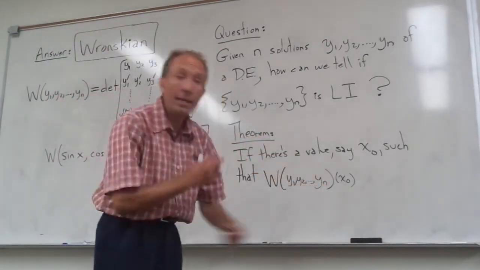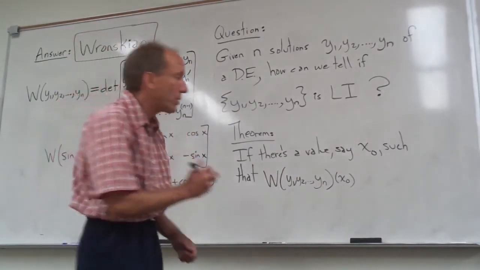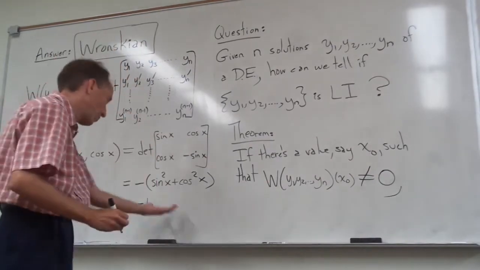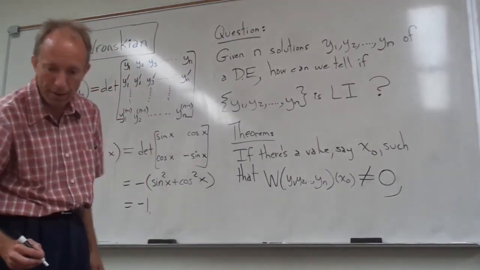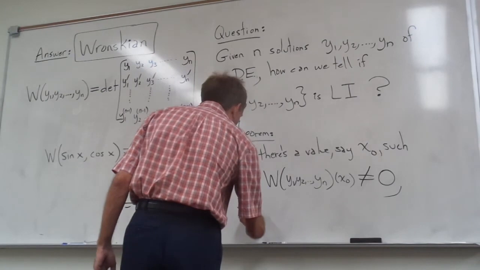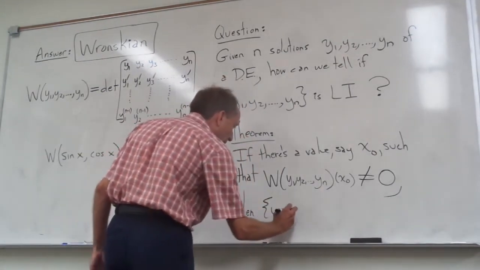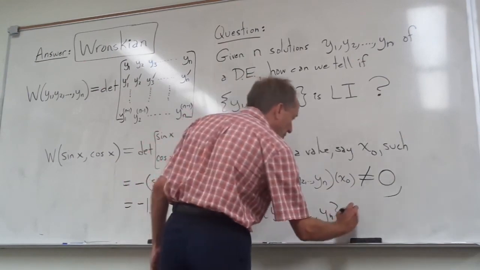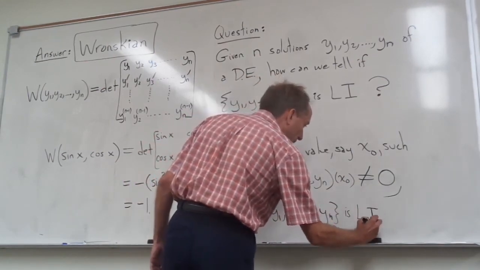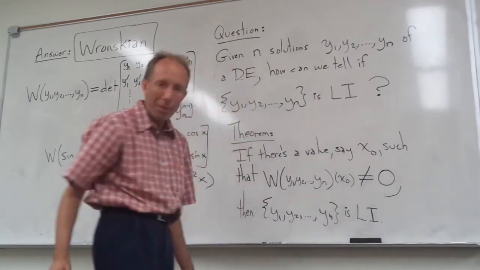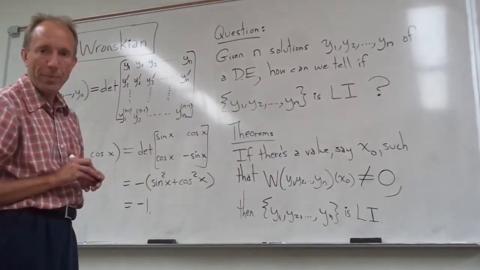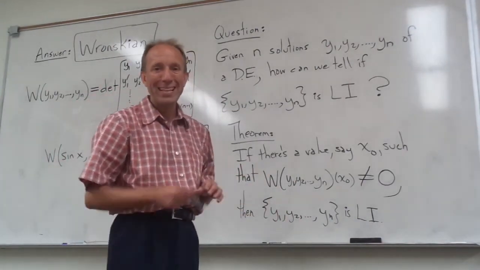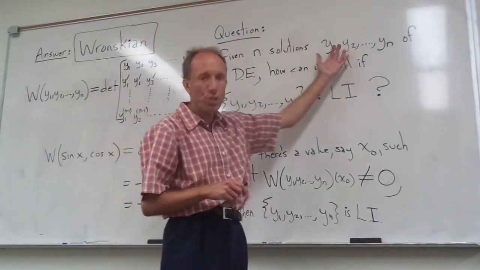If you can plug in a specific x into that Wronskian and get a non-zero result, then your set of functions is, in fact, linearly independent. So this is a test for linear independence in the case when you are talking about functions.